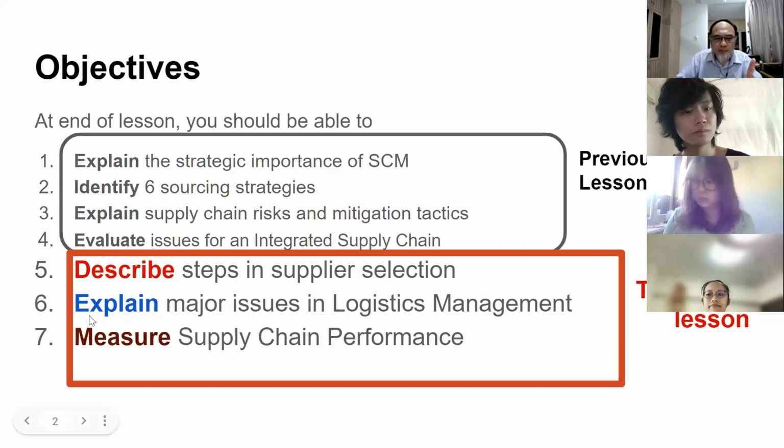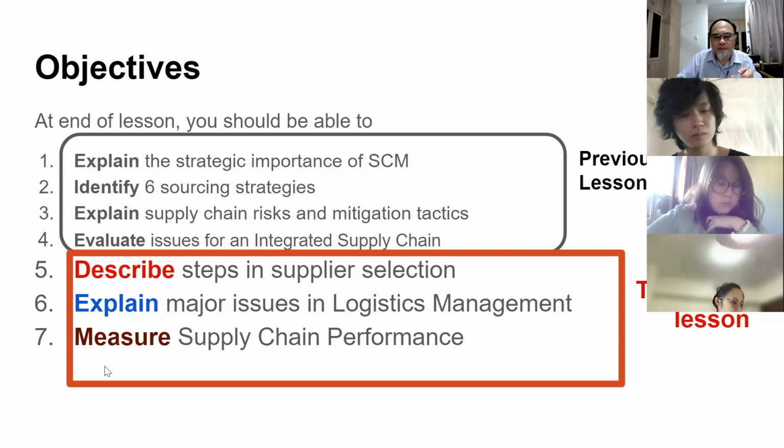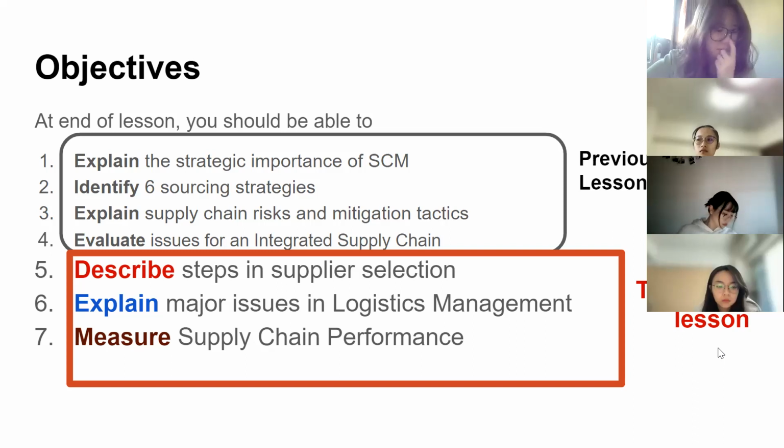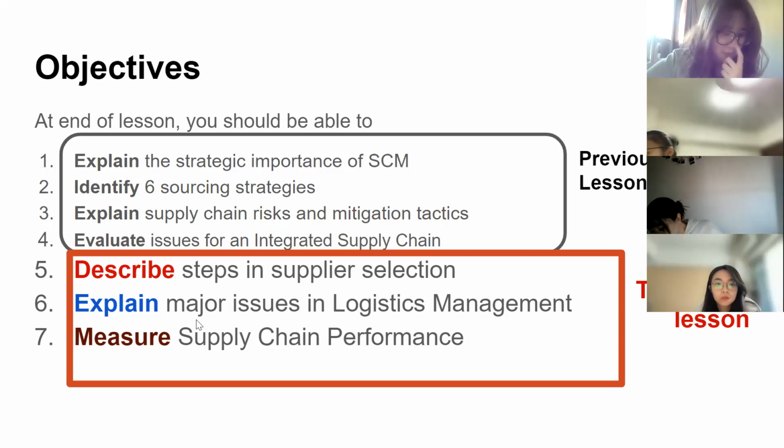You should be able to explain major issues in logistics management. And finally, measure supply chain performance. All supply chains you need to monitor and you need to see their level of performance. Okay. So these 3 things we're going to do today.